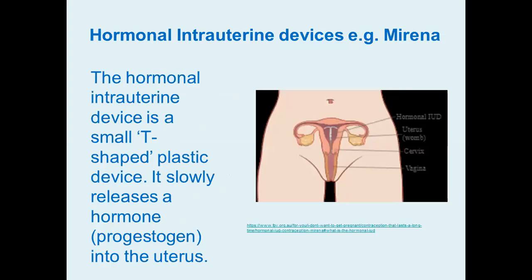An example of a hormonal IUD is a Mirena, a small plastic T-shaped device that slowly releases progesterone into the uterus, and that works as I've described it.